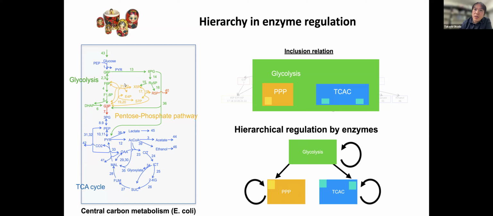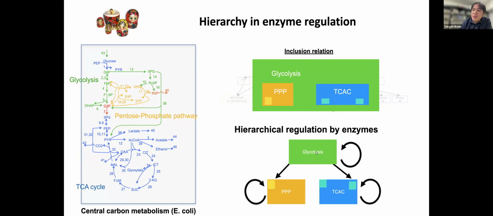So the enzymes catalyzing this yellow pathway affect only these three metabolite concentrations. Similarly, because TCAC is a buffering structure, enzymes catalyzing these blue reactions affect only metabolite concentrations in the blue pathway.